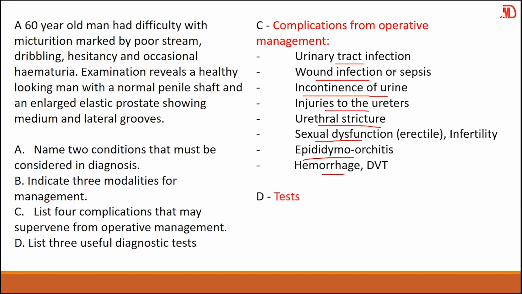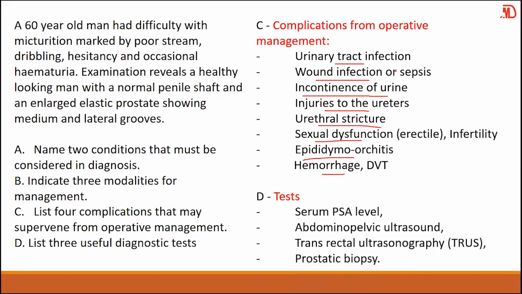So what are our diagnostic tests, or what tests will you do to confirm your diagnosis? Here we can talk about the PSA. We can talk about ultrasound or abdominopelvic ultrasound.